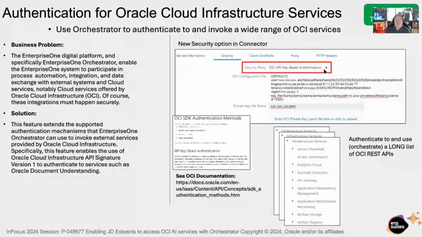There's a new feature there with the OCI API key. And we're focused more on the AI side of the services. But again, Oracle Cloud has literally 150 different sets of services available.